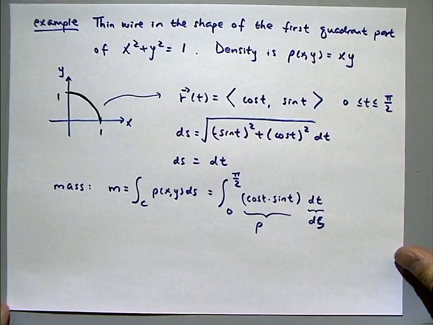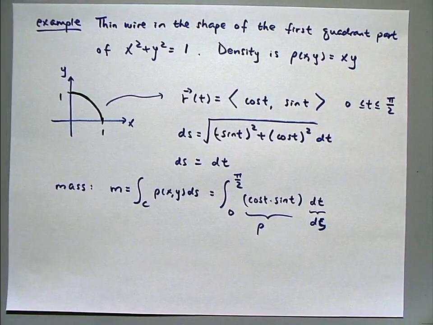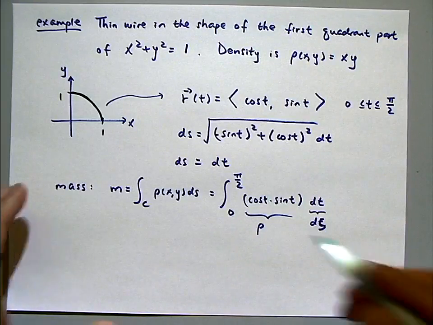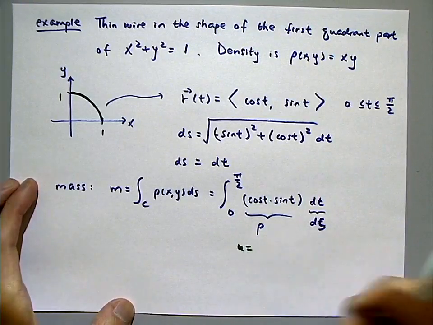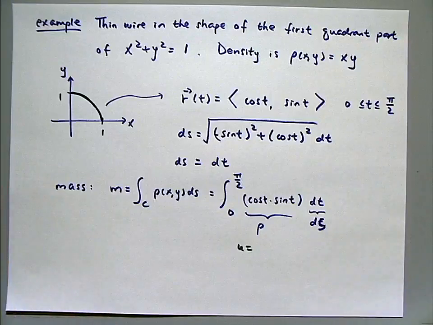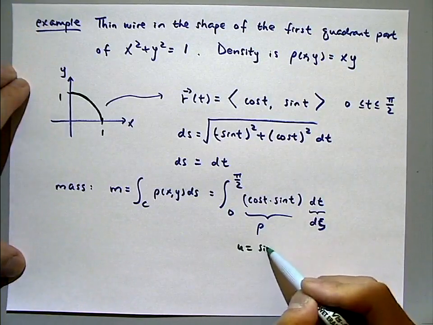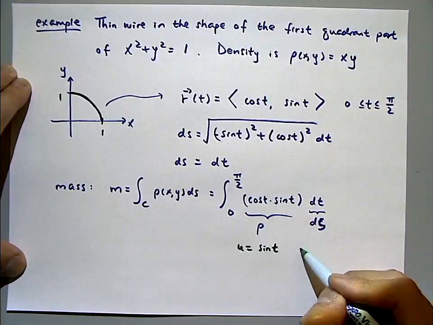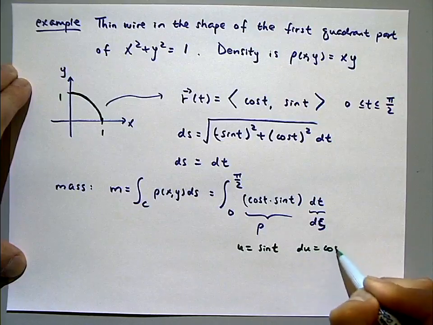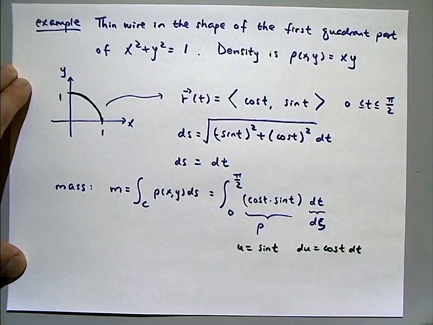Okay? So how do you integrate this? How do we integrate cosine times sine? Substitution, yeah. With u equal to, doesn't matter what u is equal to in this case. Let's let u be sine of t. Why not? du is cosine of t dt.